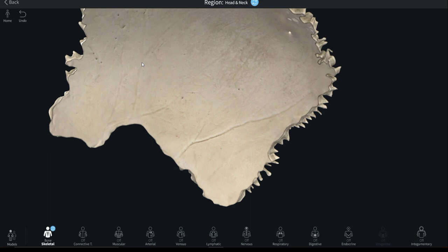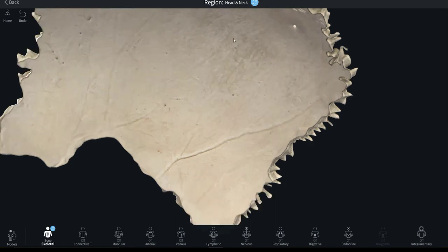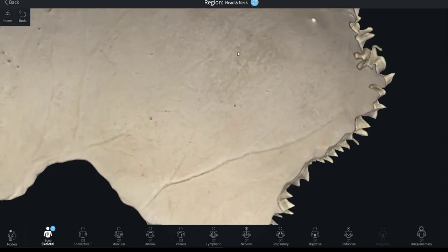Okay. Apart from these vascular markings, we also have irregularities on the surface of the parietal bone, which is visible over here. You can appreciate the irregularities in the inner aspect of the parietal bone, right?